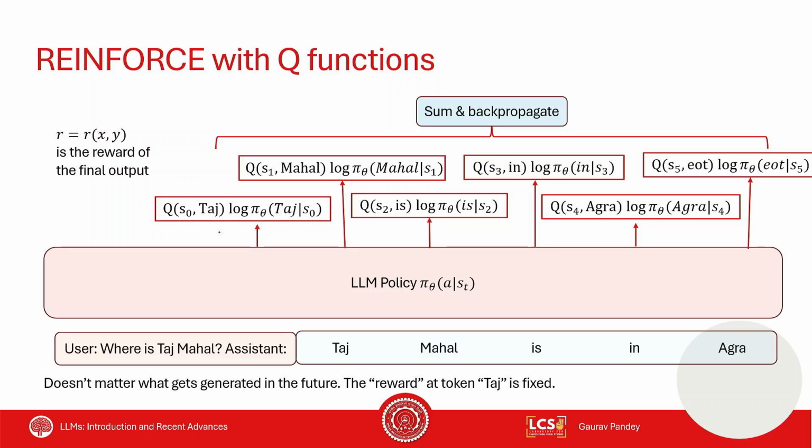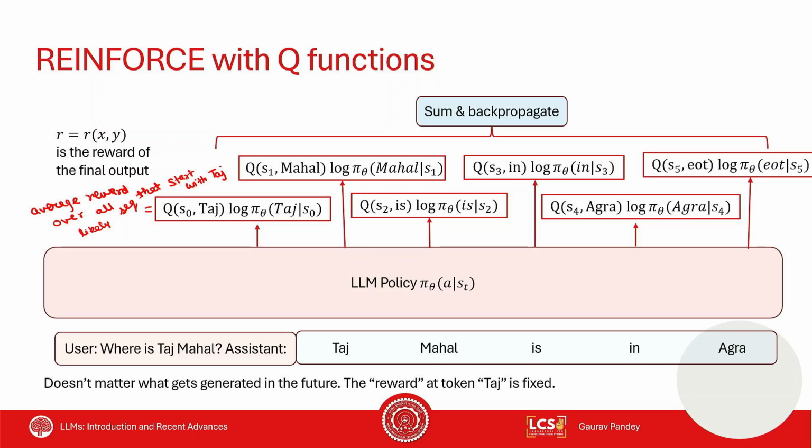Earlier there was a reward, and this Q function is the average reward over all possible or all likely sequences. Let's start with Taj.